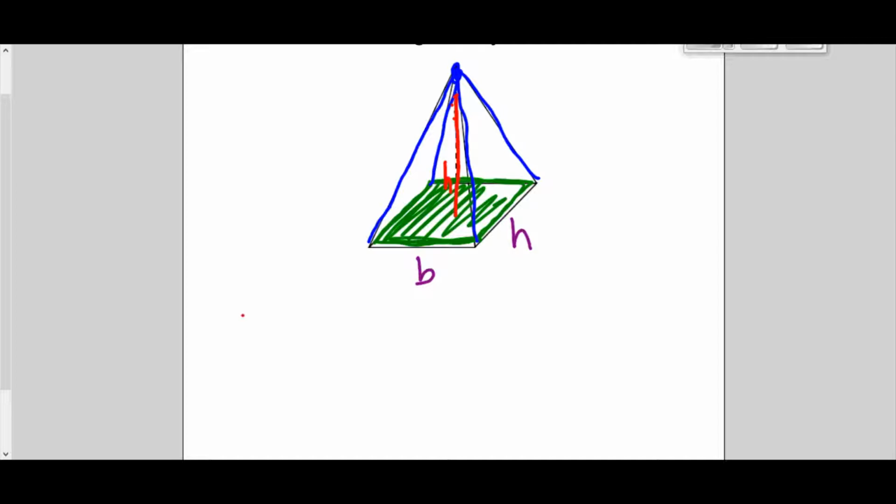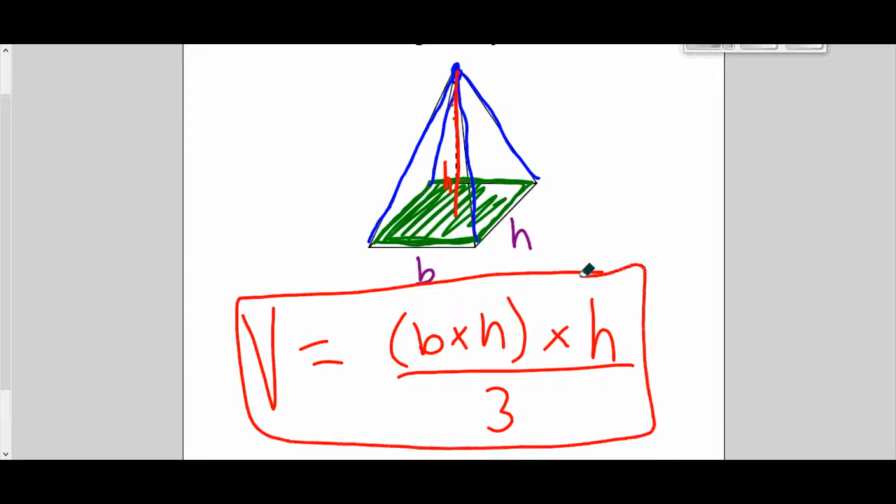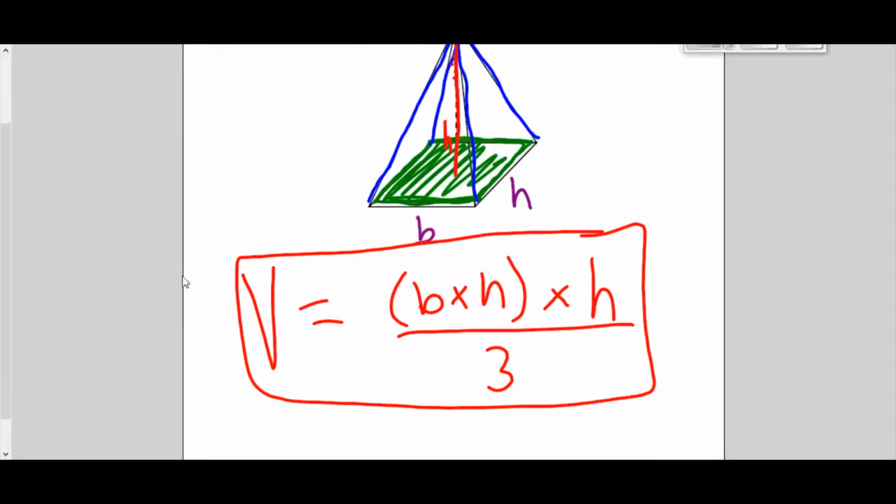So the volume for a rectangular pyramid is going to be base times height. So the volume of the rectangle times the height. So that's the height from the base of the pyramid to the top of the pyramid. And then we're going to divide that by 3. So this is the volume formula for a rectangular pyramid.